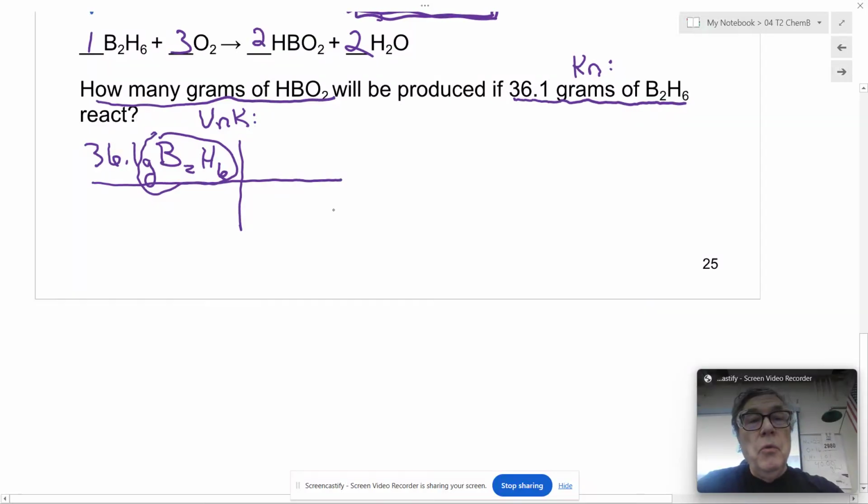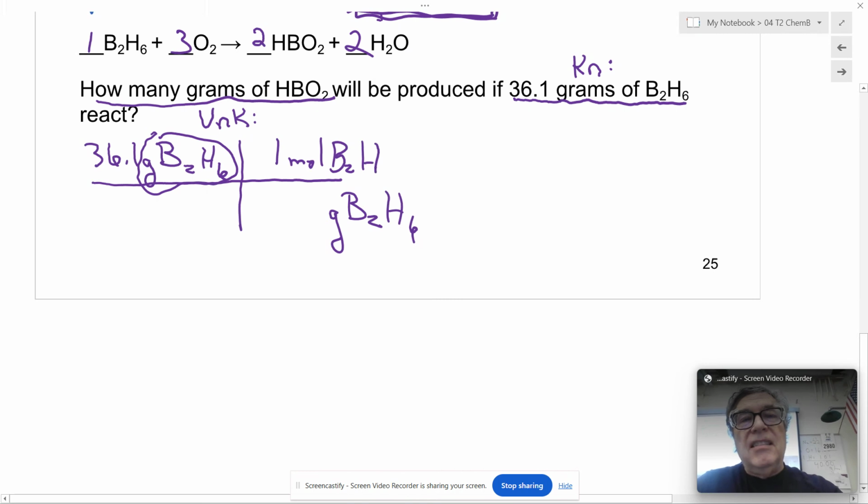So we're going to write this unit down here, grams of B2H6. And up here, we're going to put 1 mole of B2H6. The number that goes here, we remember as the molar mass of this compound.